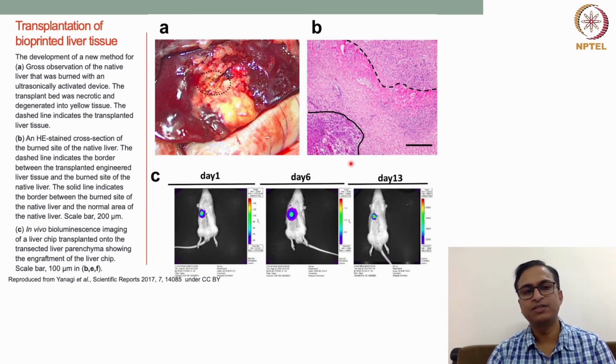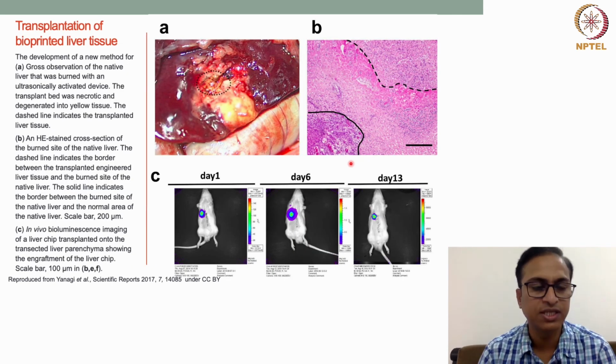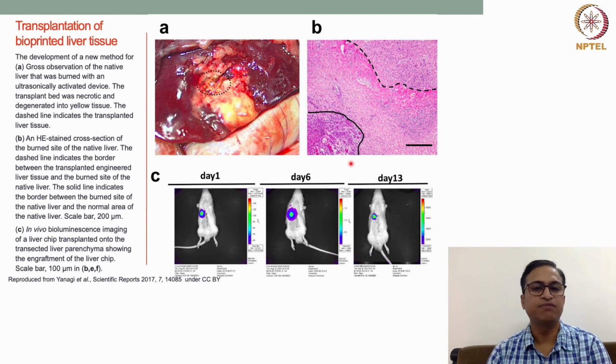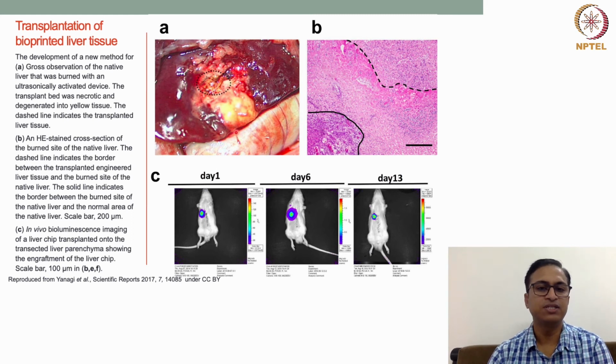And then they transplanted this into the parenchyma of the liver. What they have done actually is ultrasonically burn a part of the liver here. So that part gets charred, and after this ultrasonic device, the transplant bed was necrotic and degenerated into a yellow like tissue.